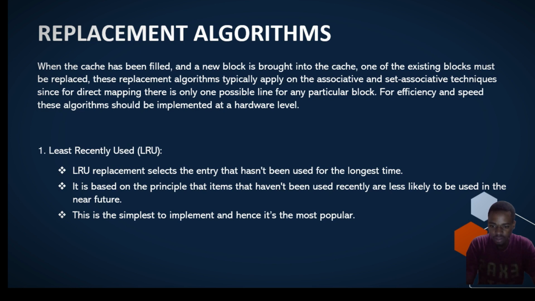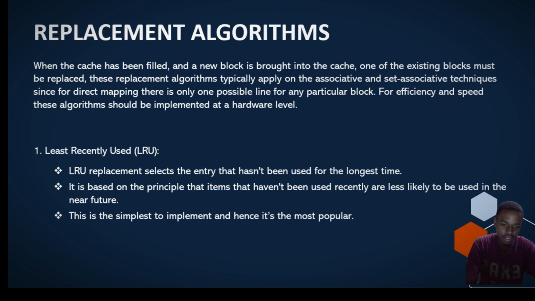It is based on the principle that items that haven't been used recently are less likely to be used in the near future. And also it's the simplest to implement and hence the most popular. So mostly this algorithm looks for the entry that has been the most idle over a certain period of time.